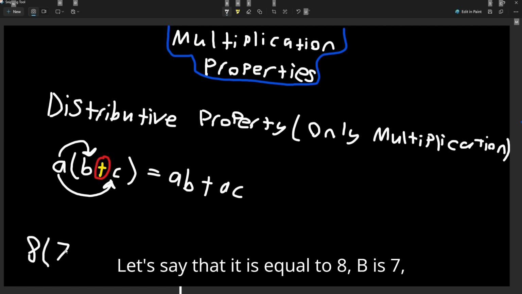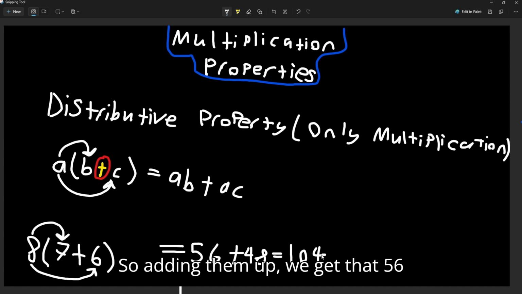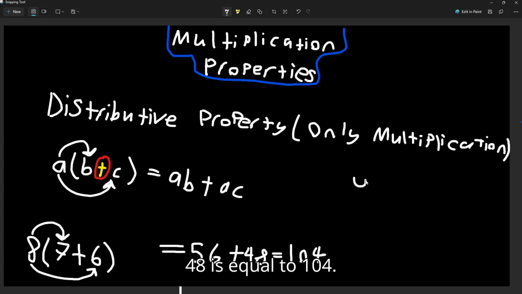Let's say that a is equal to 8, b is 7, c is 6. 8 times 7 is 56. 8 times 6 is 48. So adding them up, we get that 56 plus 48 is equal to 104.